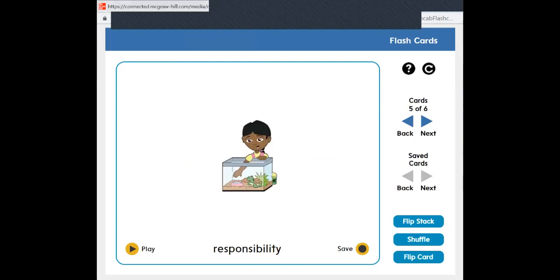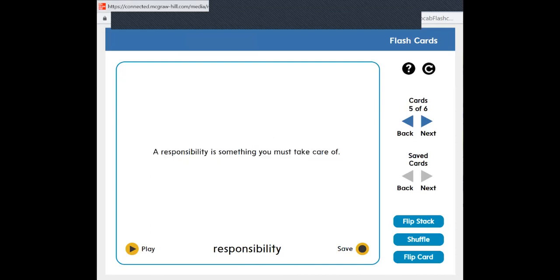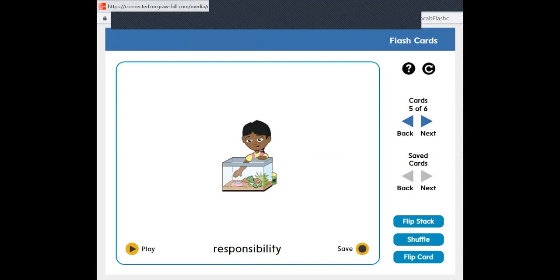Look, the little girl has a responsibility of feeding her pet. That is a responsibility. So remember, a responsibility is something you must take care of. Responsibility.